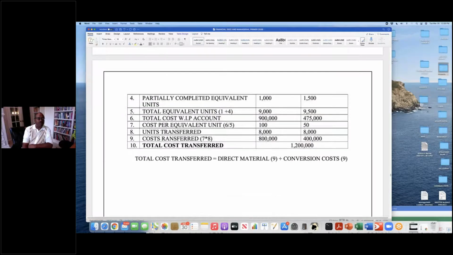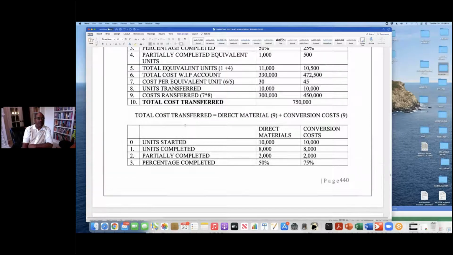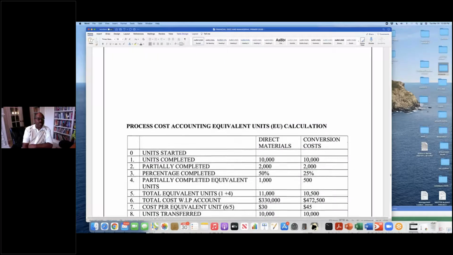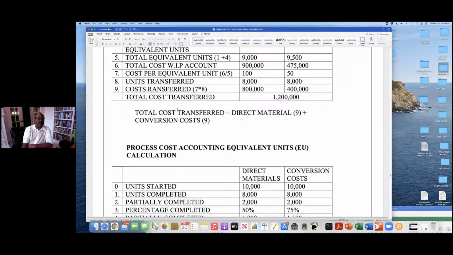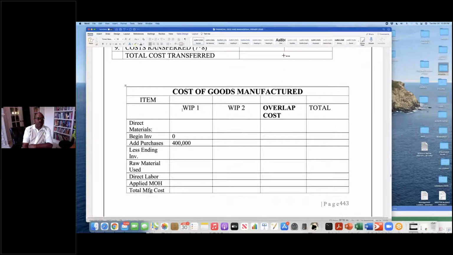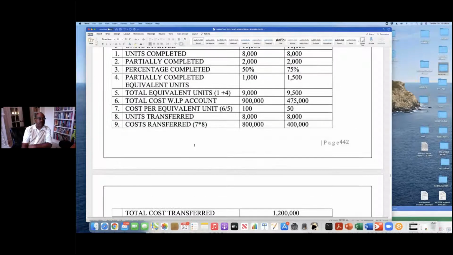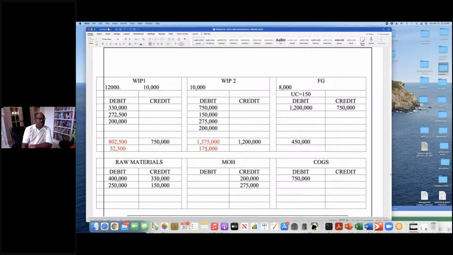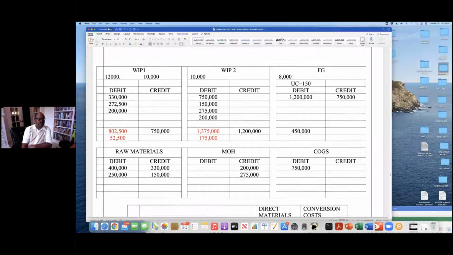Would it not be raw materials minus transferred? See how we're doing this. Okay, so on this 400, we transferred out 330, so it's 70.